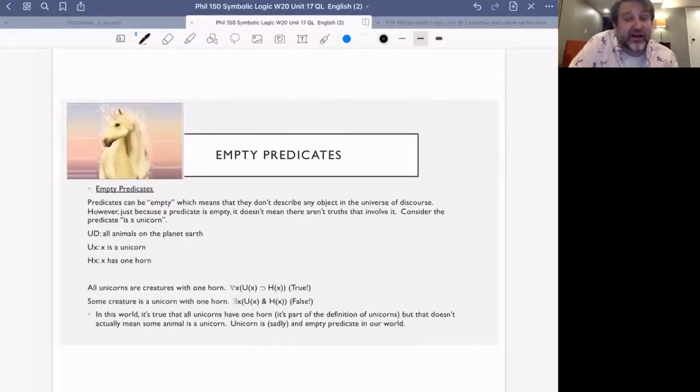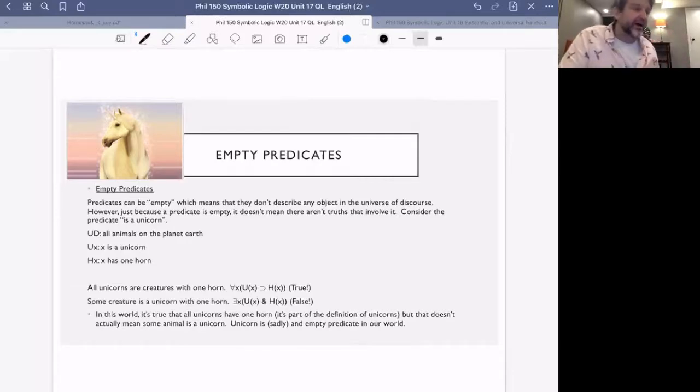Predicates in our language QL can be empty, which means that they don't describe any object in the universe of discourse. However, just because a predicate is empty... let me give you an example of this first.